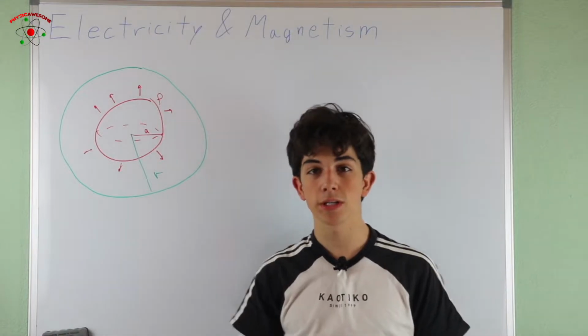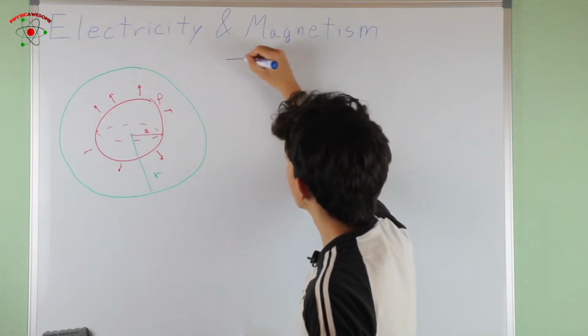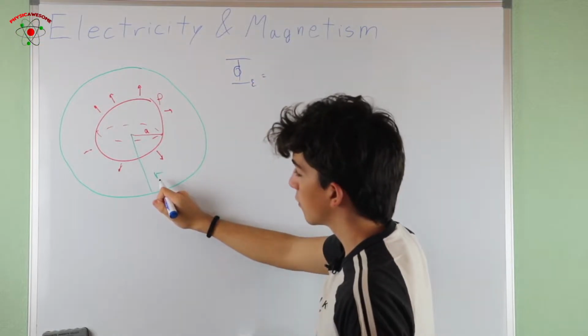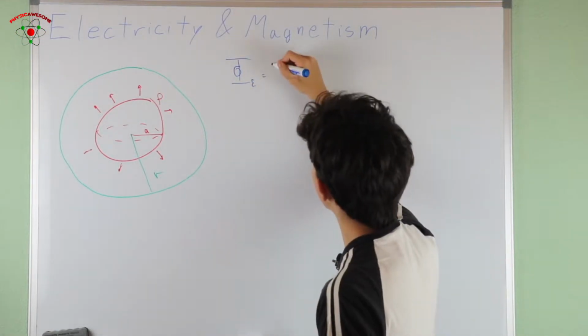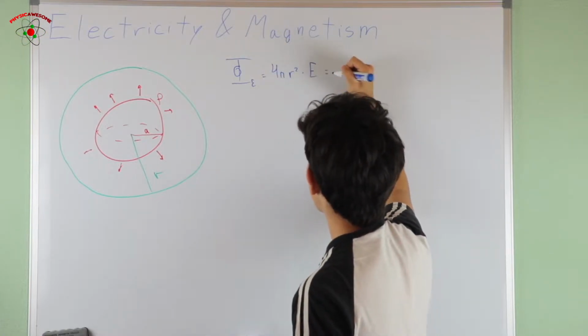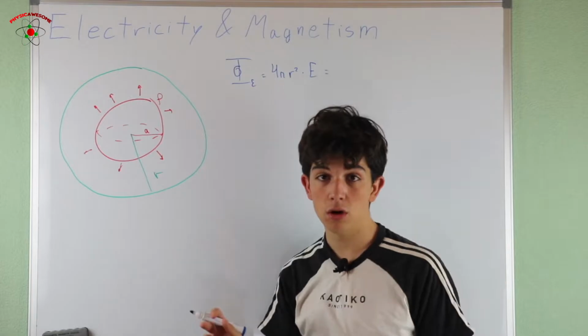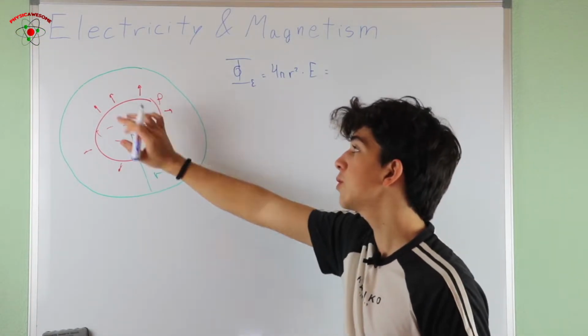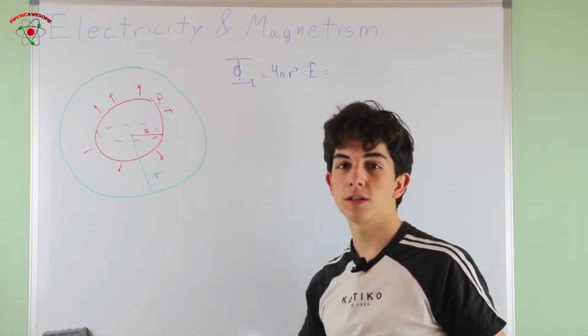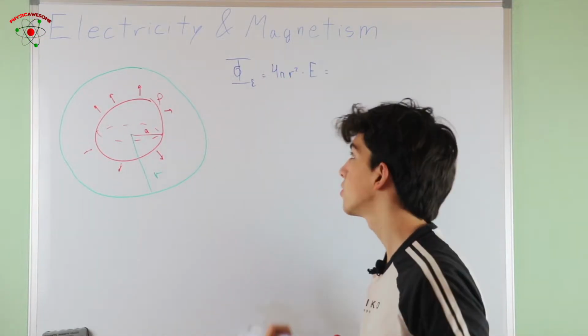Our flux calculation is pretty straightforward. We have the flux, it's 4 pi r squared, the area of our Gaussian surface, times the electric field. And the charge enclosed is going to be the volume of our sphere times the volume charge density.